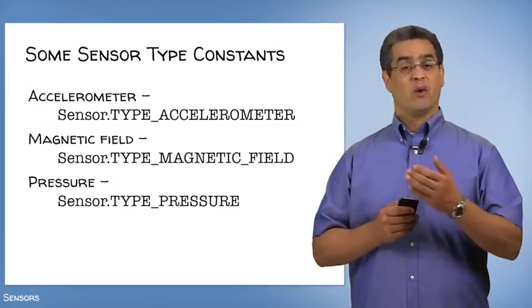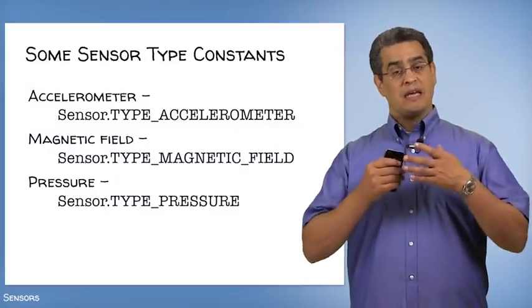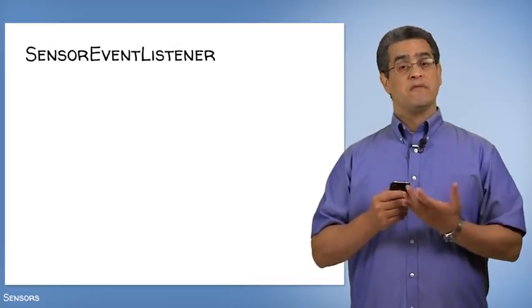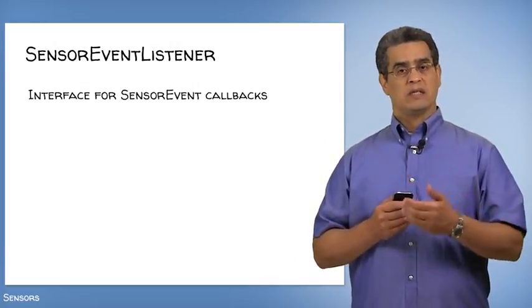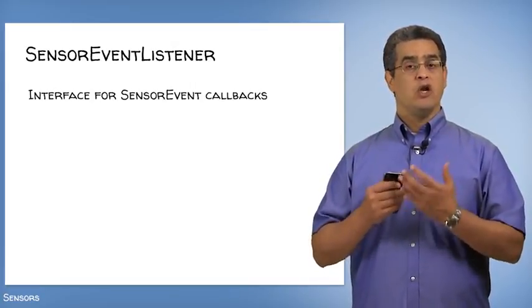If an application wants to receive information from a sensor, then it will have to implement a sensor event listener. And this interface defines callback methods that are invoked when a sensor's accuracy changes and when the sensor acquires a new reading.